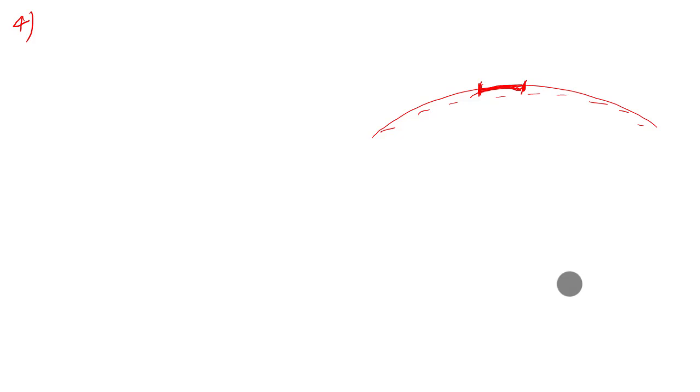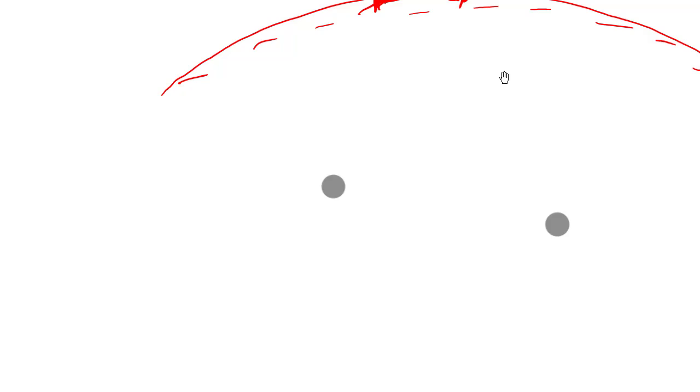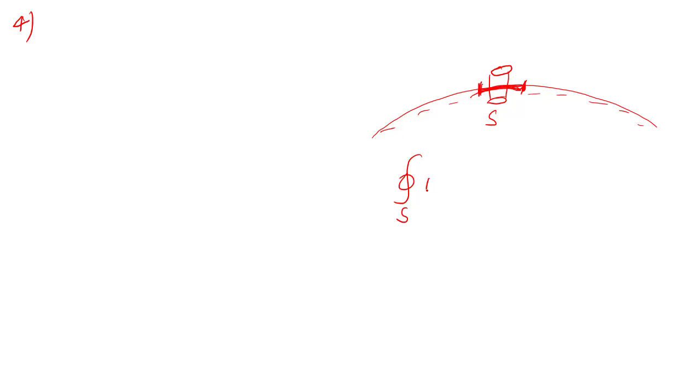So I can take a Gaussian pillbox around the surface, right? And let's call the surface S. So I can get the surface integral of E dot dA.